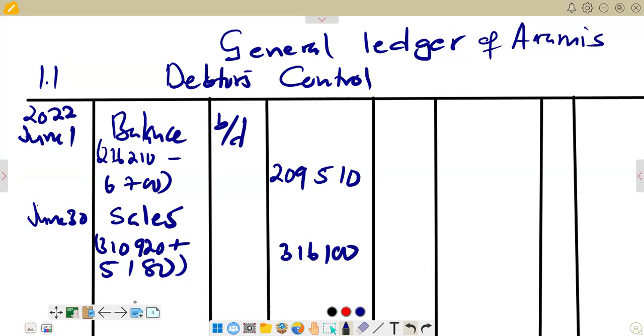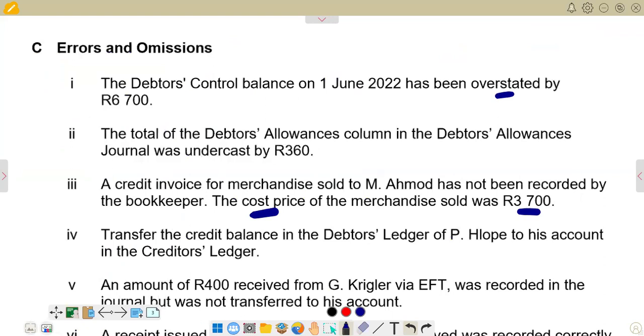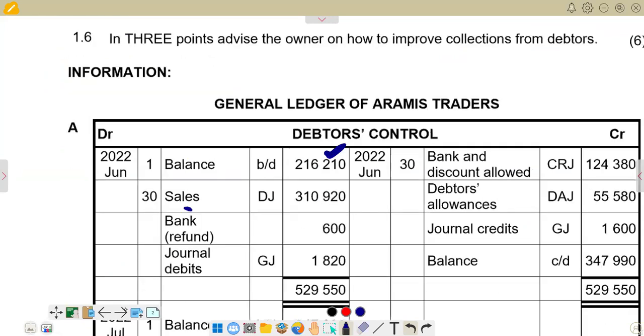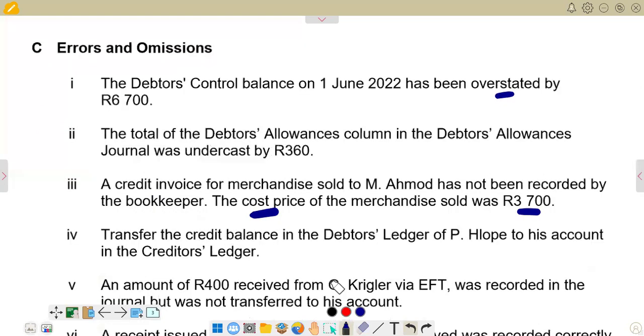Then we go back again to check the next item that we have on the debit side of the general ledger, which is debtors control. So after that, we've got a bank refund of 600. So obviously, you go again to additional information to check if we've got anything that is affecting our bank refund. So we go down our information for information one.